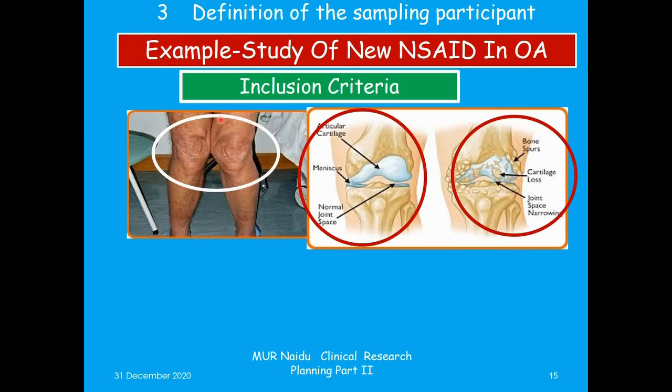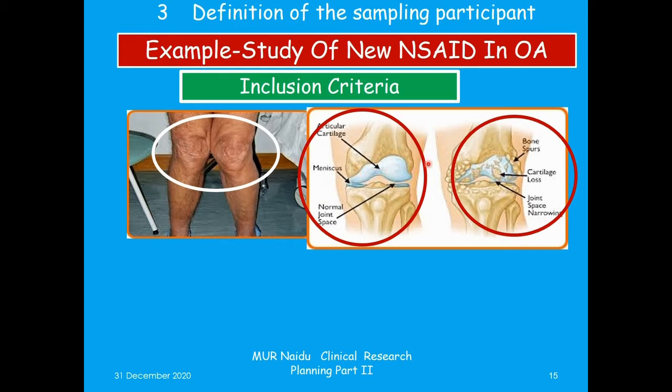Coming to one of the very important diagnostic areas which help in diagnosing patients with OA is the X-ray of the knee. Here you can see the left side of the X-ray of the knee is normal, where the normal joint space is there and the articular cartilage is normal.